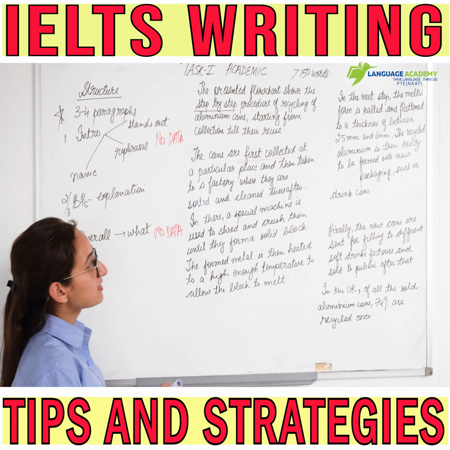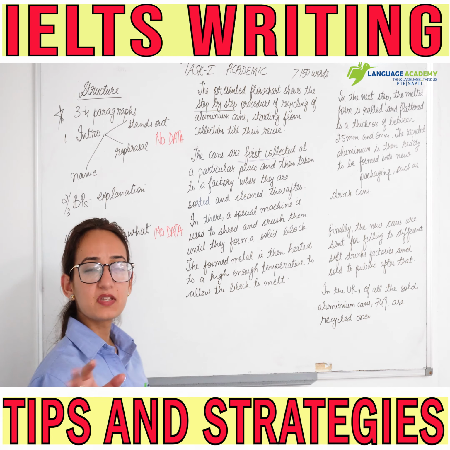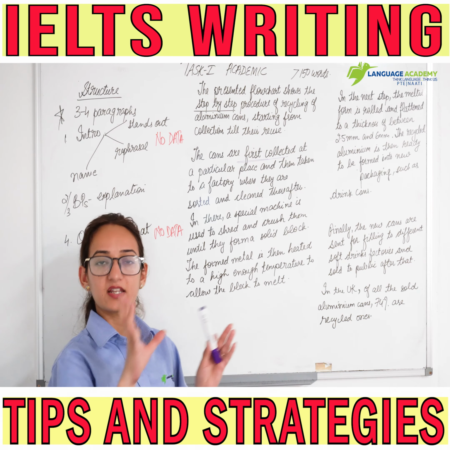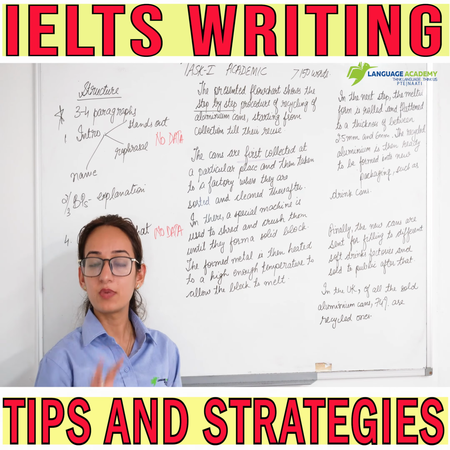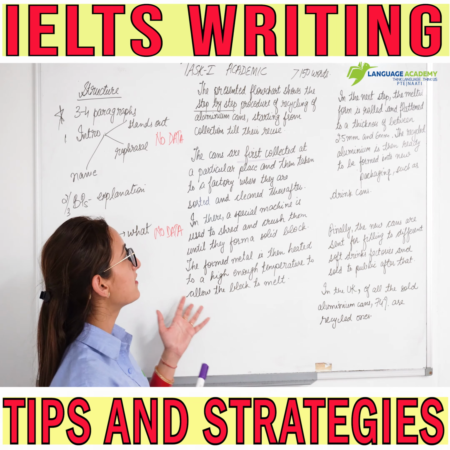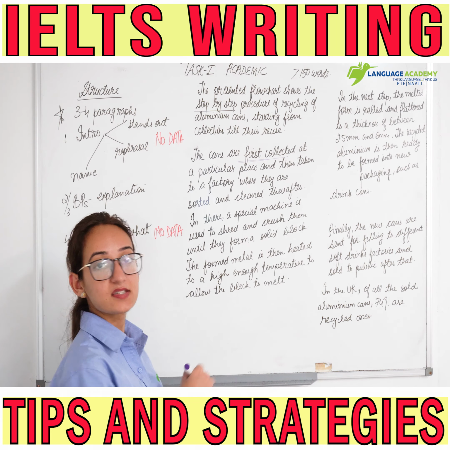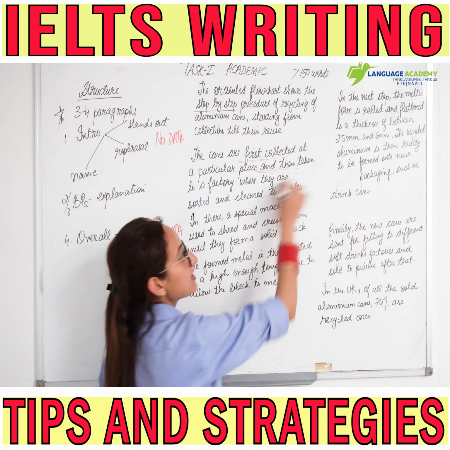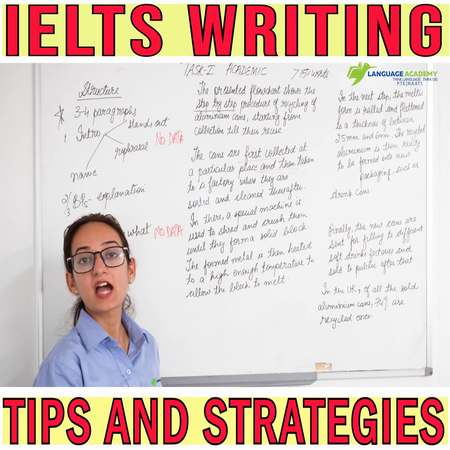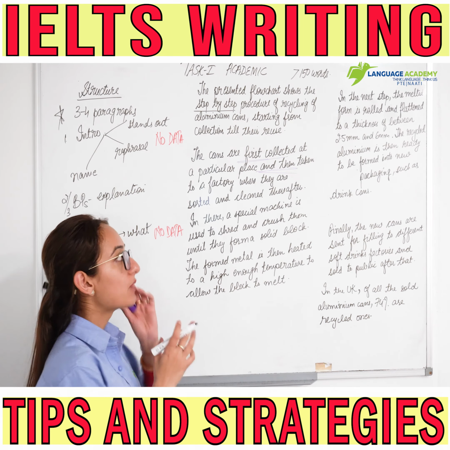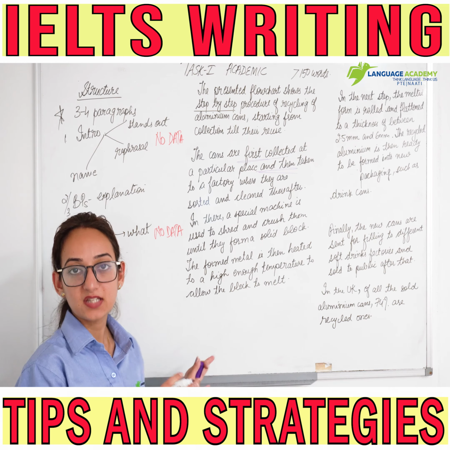So the cans are first collected at a particular place, because in the picture there was recycling and then a particular place where aluminium cans are to be put. So I just added a particular place. And then, "then" signifies what is to be done after that. So you have to be very careful about the connectors that can be used.